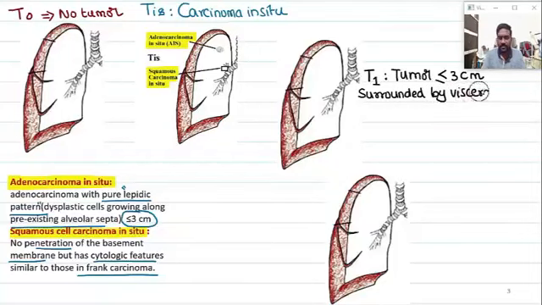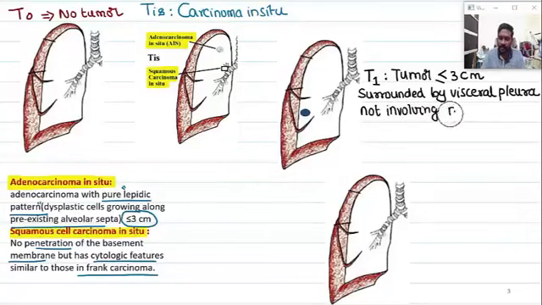So it is surrounded by the lung covering, the lung inner covering called the visceral pleura. You can see the tumor is isolated, less than or equal to 3 centimeters in size, and it is within the lung covering, the visceral pleura, not involving the main bronchus.